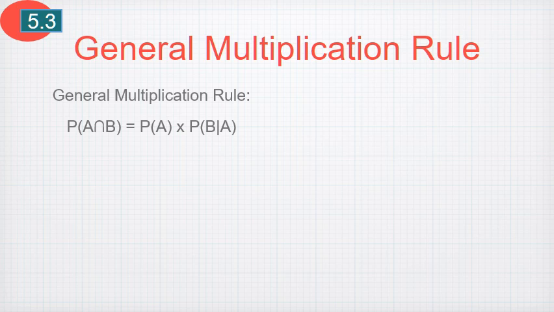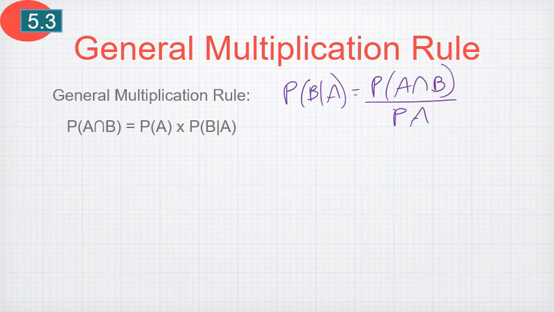You're going to see it written as the probability of B given A is equal to the probability of A and B divided by the probability of A. So this is what's given to you on the stats exam, which is slightly different from this formula. It's the same thing, it's just algebra. We love algebra. Okay, this particular one, we use this when we need to find A and B.